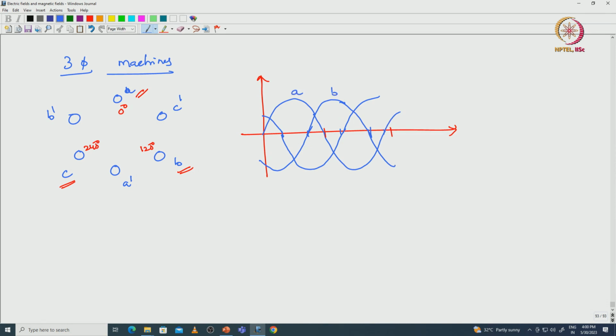This is A, then B and then C. Current I versus omega t, this is pi, then 2 pi. All 3 phase currents are displaced by 120 degrees. IA equals Im sin omega t, IB equals Im sin (omega t minus 120 degrees), IC equals Im sin (omega t minus 240 degrees).